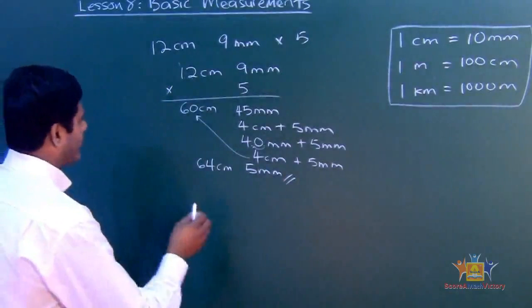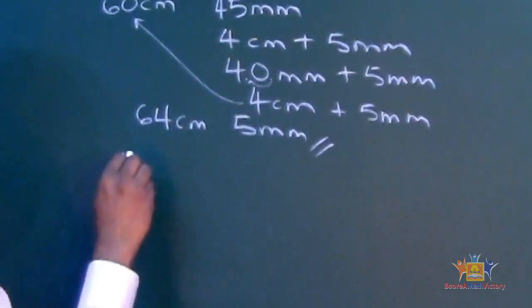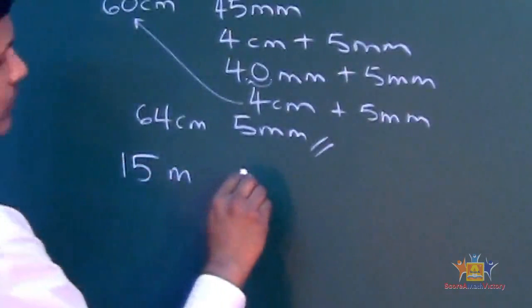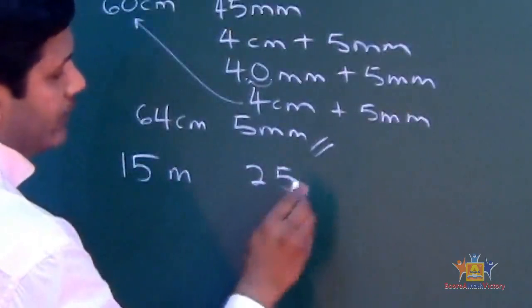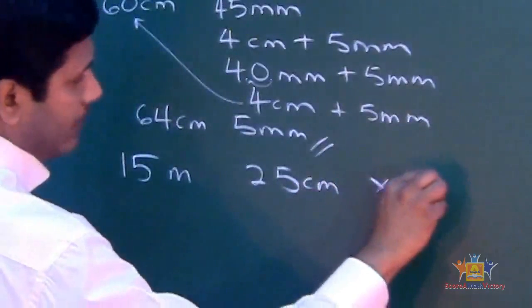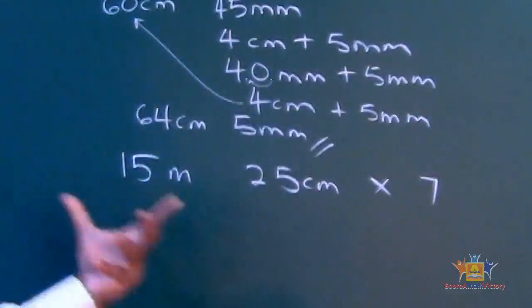Let's say, for example, I give you 15 meters and 25 centimeters, and I'm multiplying that by 7. Again, line them up. It's very important.